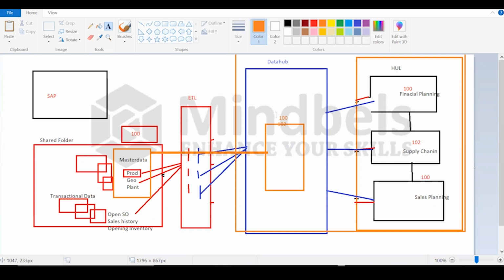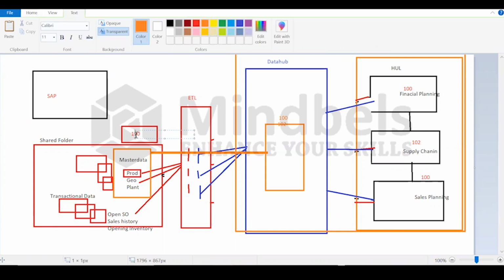Let's say the data hub has 100 products, whereas our shared folder has 90 products. Let's say 90 products.